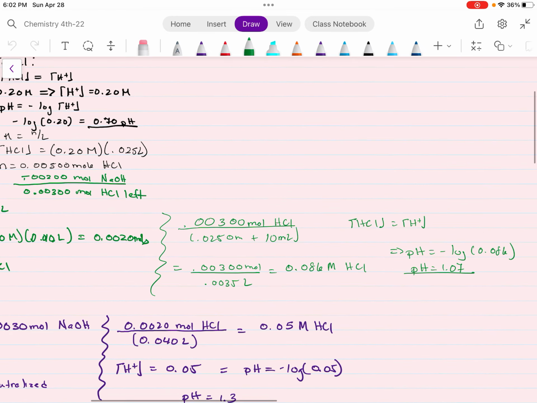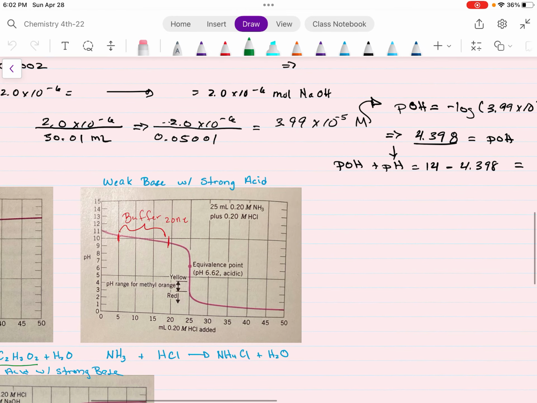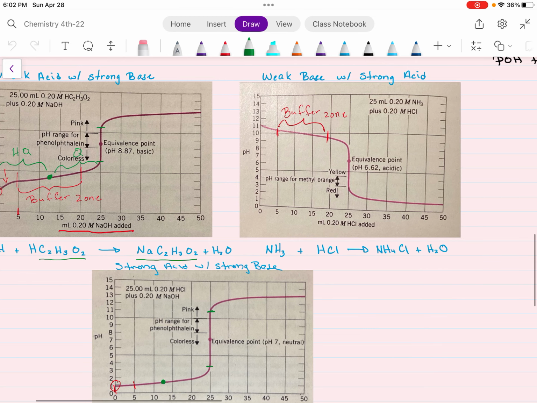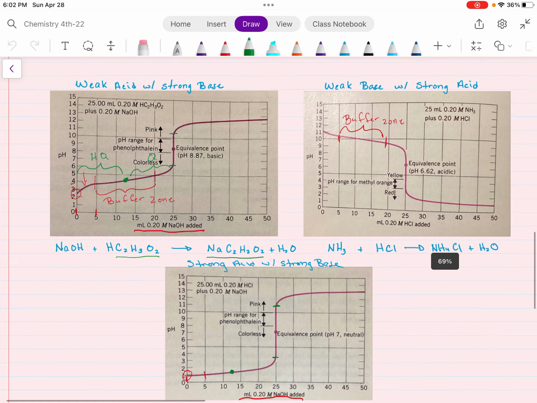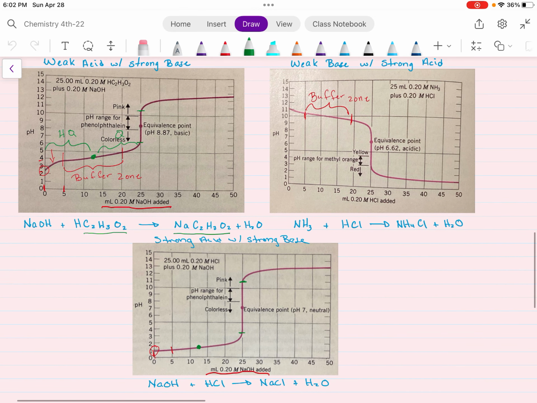So let's go back down and take a look at our graphs. Here's where we're at. These are the differences between the three types of titrations that we see, where you see that buffer zone, and then where you see the equivalence point.